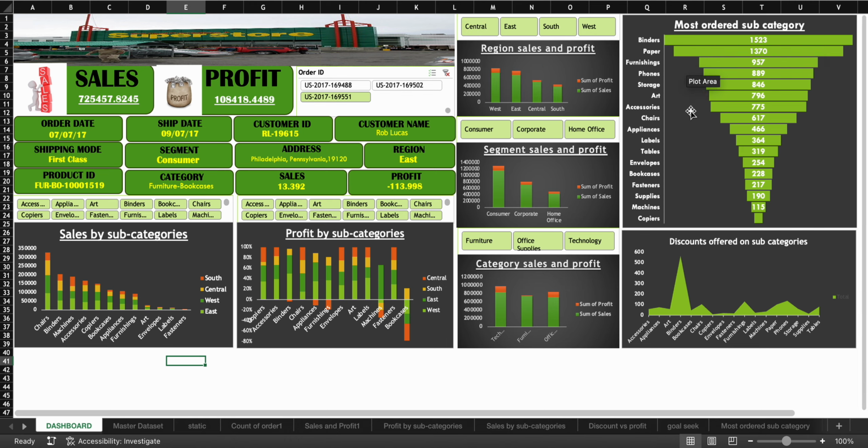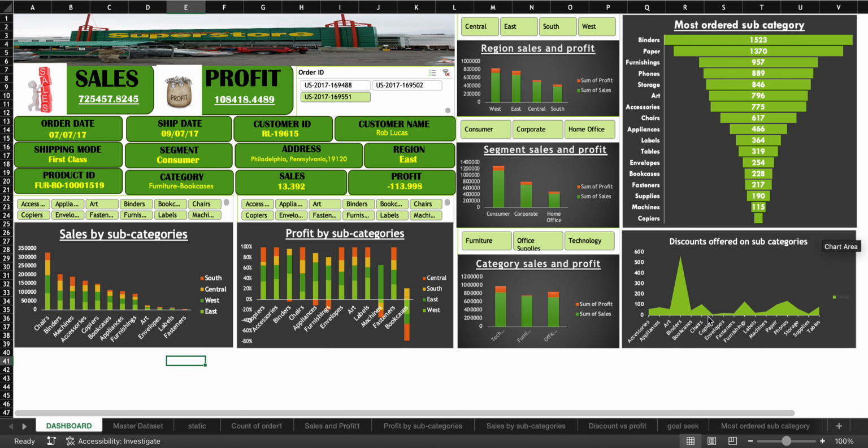This is the static chart about the most ordered subcategories. So your company can get a clear picture that binders is the most that the customers buy, then paper, then furnishings. We need to work on these lower ones, so we can apply some good offers or discounts to increase the sales and profit here.